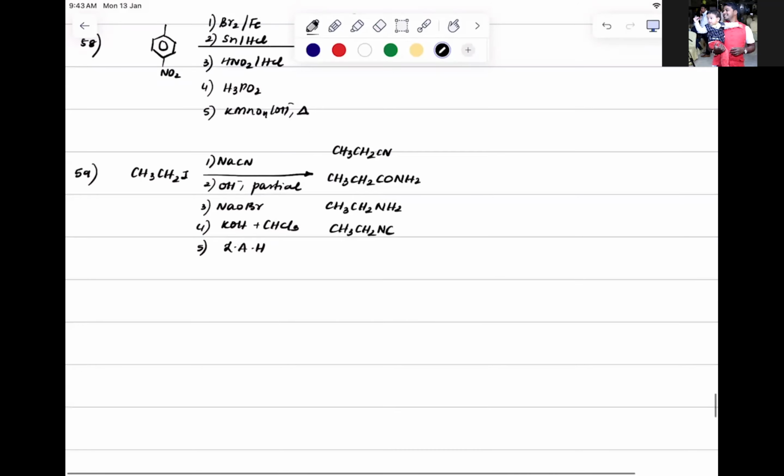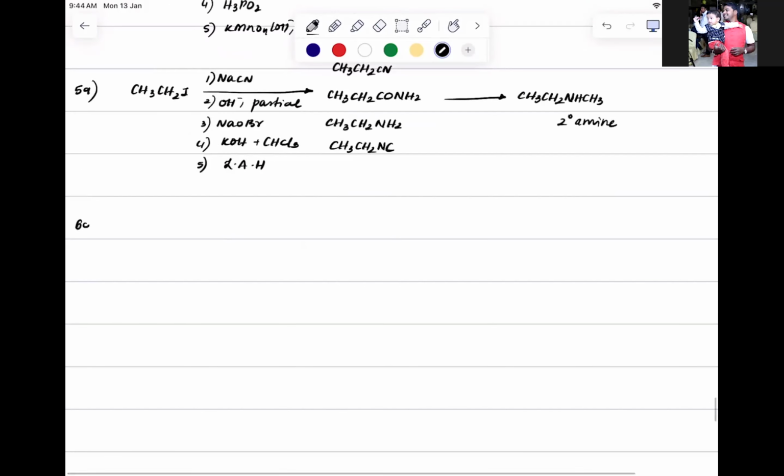This is the carbylamine test. And the last one is the product which you will get, CH3CH2NHCH3. This is a 2-degree amine. So that is the final product. So please learn to relate these kinds of questions.